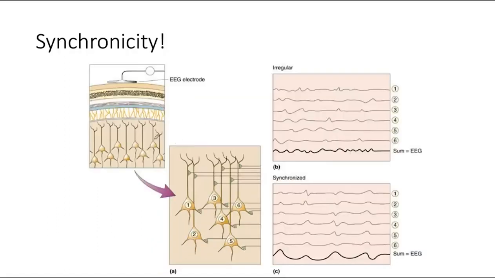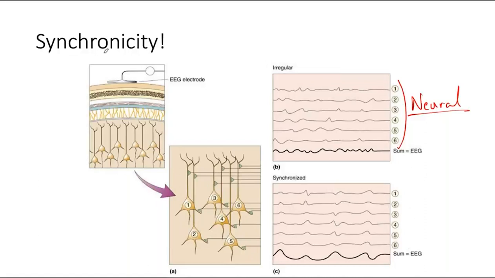And then we have many neurons that are activating, and we record the average signal from all these neurons. And if these neurons are synchronized, so whatever you have here are neural activities, if these 6 neurons are synchronously activated or synchronized with each other, you have different types of EEG.